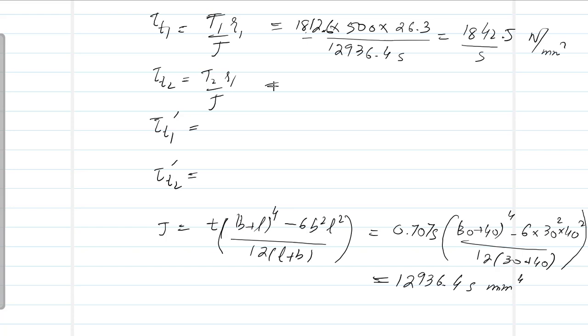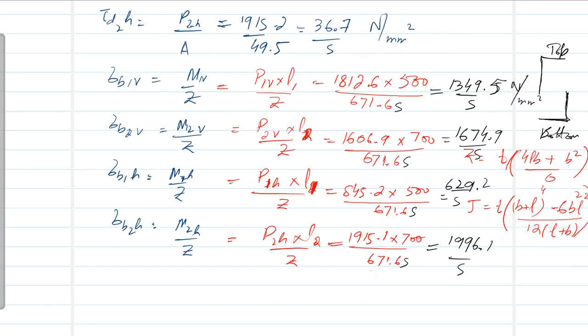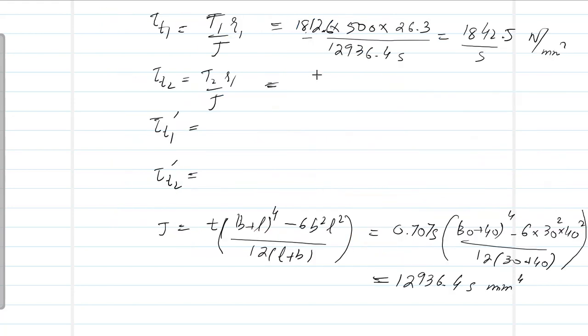Similar is the case for P2, that is for the second vertical load, P2V, and that is 1606.9 into the same torsional arm, which is, as you can see from the figure, and R is the same, which we're using, and that is 12936.4 S. Clear?